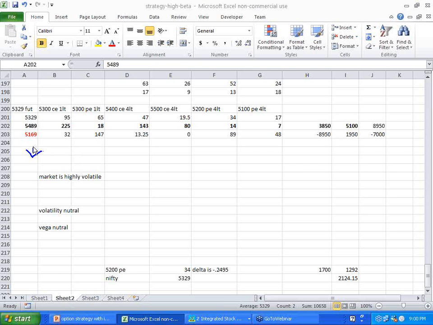So if Nifty goes below 5169, then you can say your strategy will be at a loss, and losses will increase. If it goes above 5489, profitability will slightly increase, but not to a great extent.